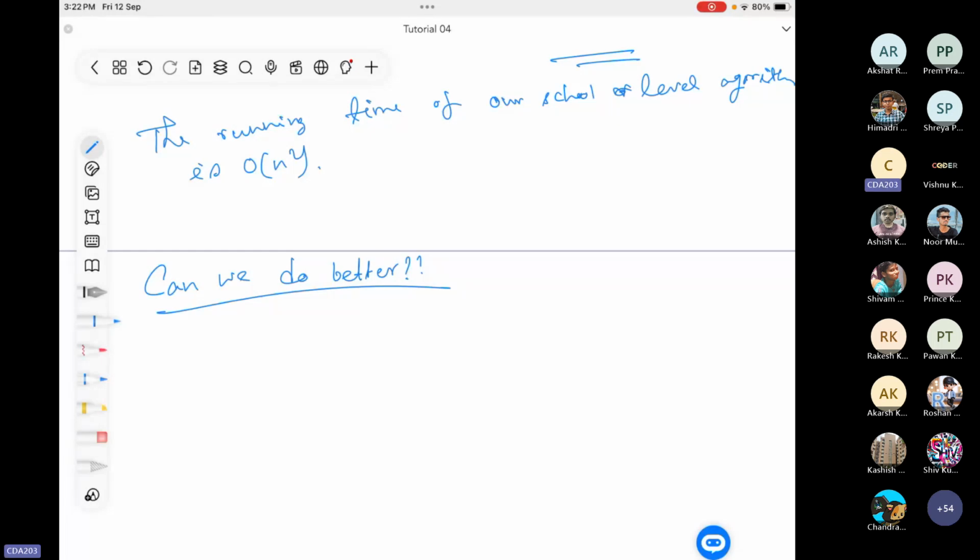Can we do better means can we reduce the running time? In algorithmic theory, whenever someone asks whether we can do better, it means can we reduce the running time complexity, or the space complexity. So doing better in algorithms always means reducing the complexity.